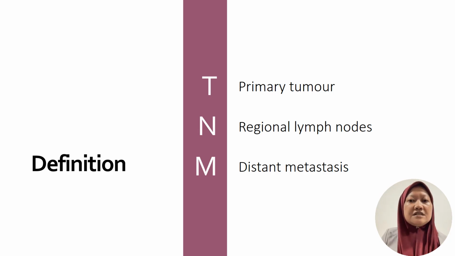M: this checks for the presence of distant metastasis, indicating whether the cancer has spread to other parts of the body. By utilizing the AJCC staging system, healthcare professionals can accurately determine the stage of breast cancer, which is essential for guiding treatment decisions and predicting patient outcomes.